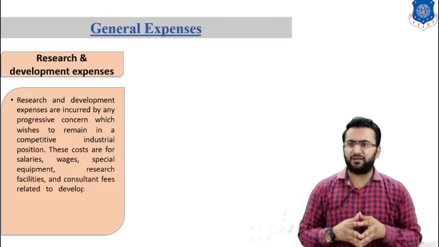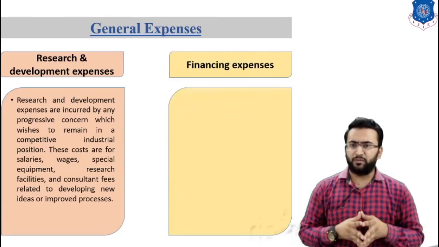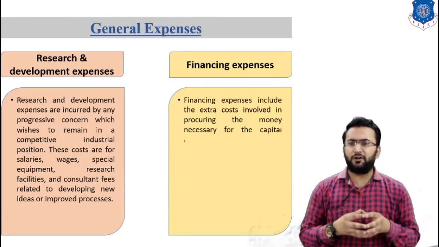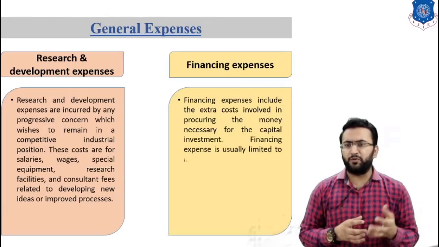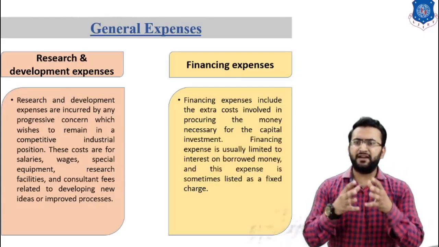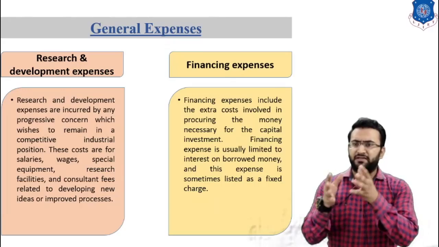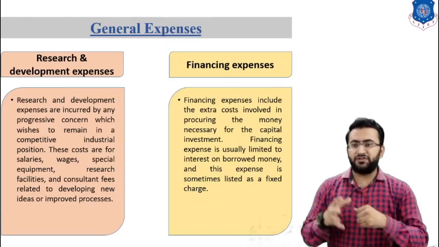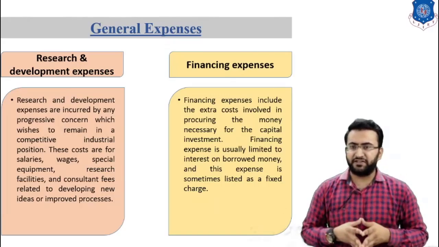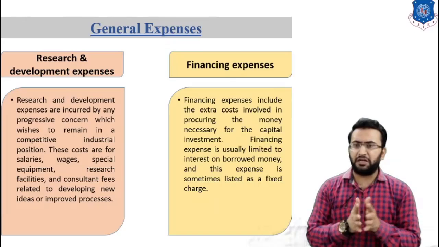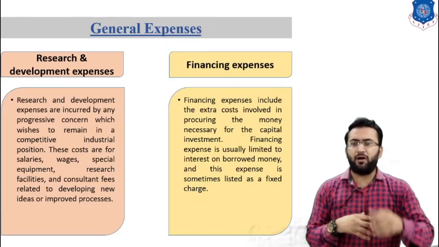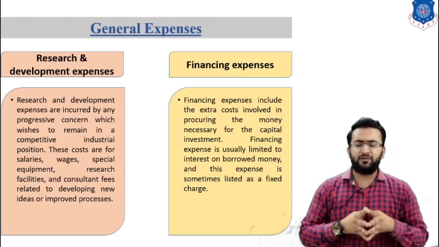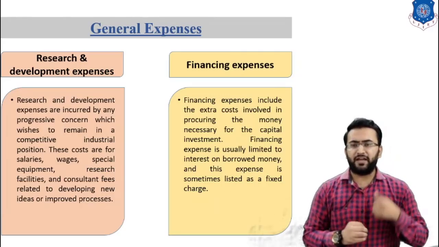These costs are for the salary, wage, special equipment, research facility and consultancy fee related to development of new ideas or improvement of process. Generally, research and development costs are 10% of any plant cost.